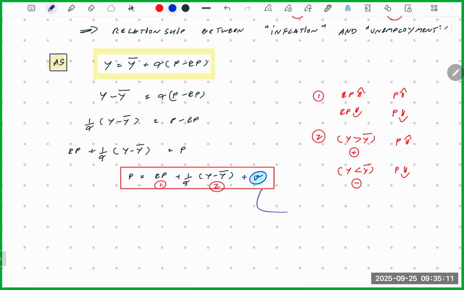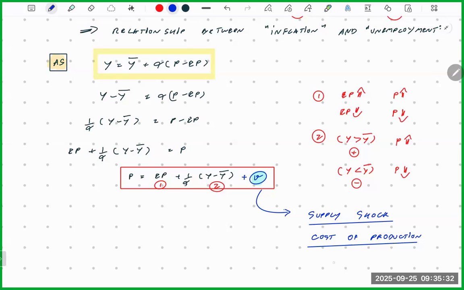We call it a supply shock. Supply shock means any factor that affects the cost of production, anything that affects the cost of production.